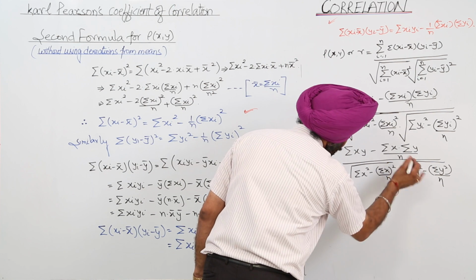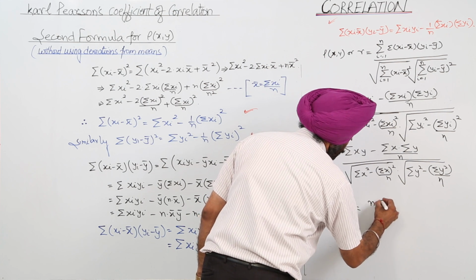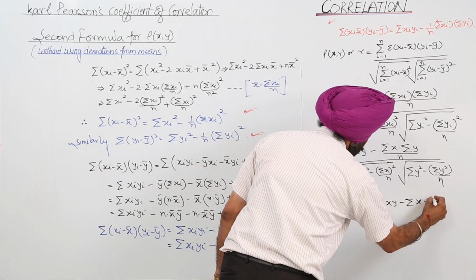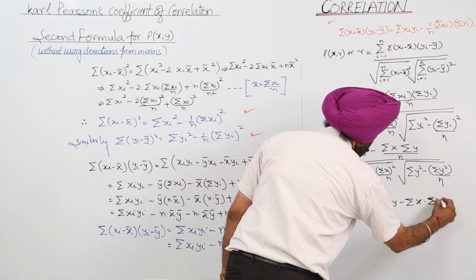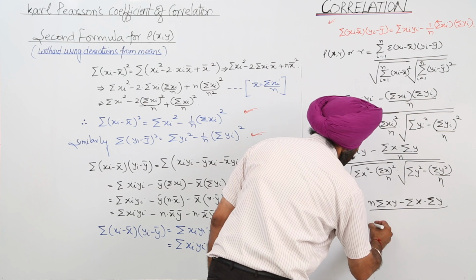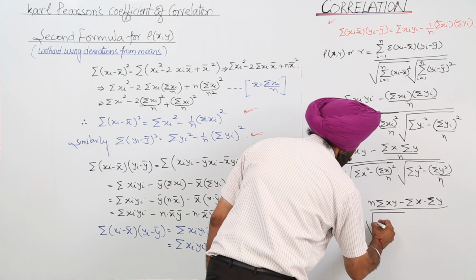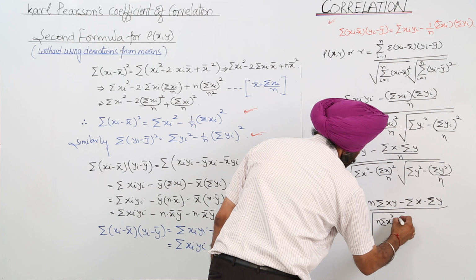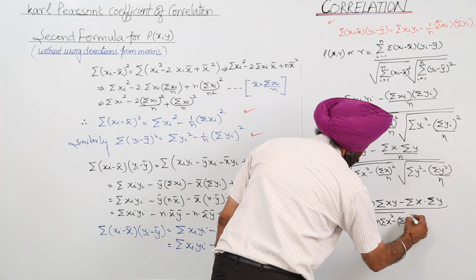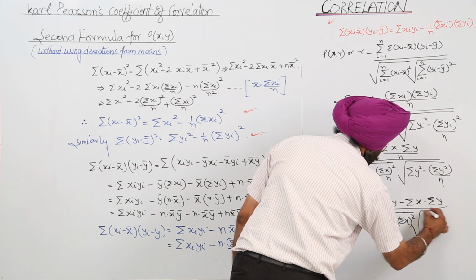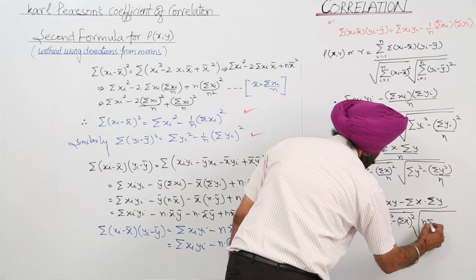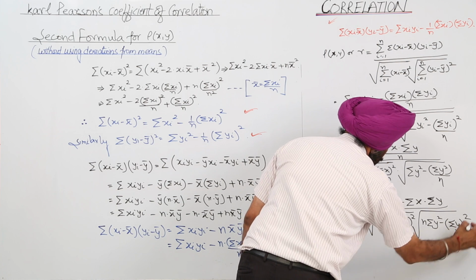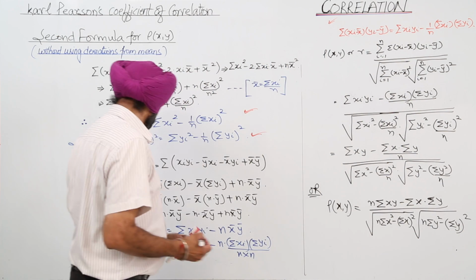After taking the LCMs we can get n summation xy minus summation x summation y, upon the square root of the remaining terms. So, this is the desired result.